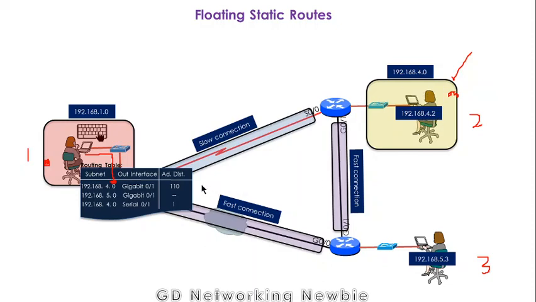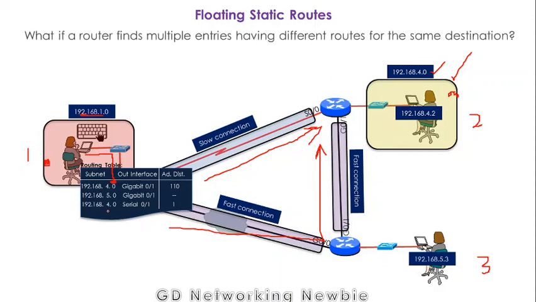Because we have this path, and we also have this path, we have 2 paths. So the router has to decide which path to follow. You can see from this network, we want to go to this network, that is 192.168.4.0. This is the first entry, and we can see there is a second entry to the same destination.